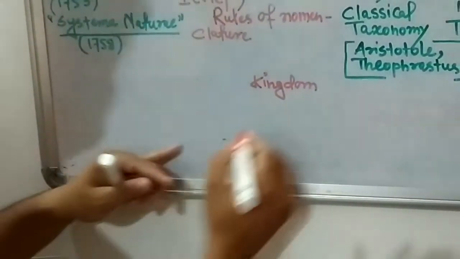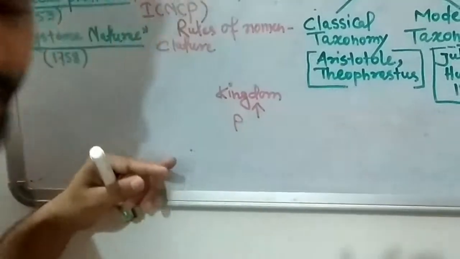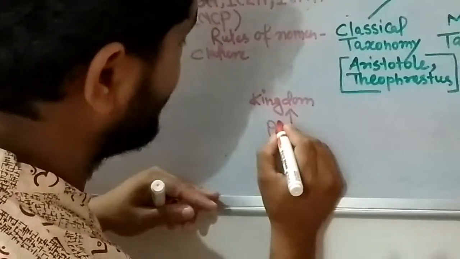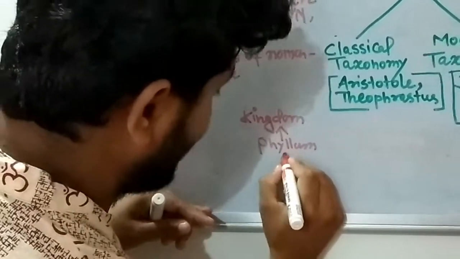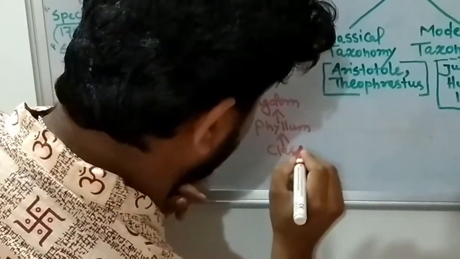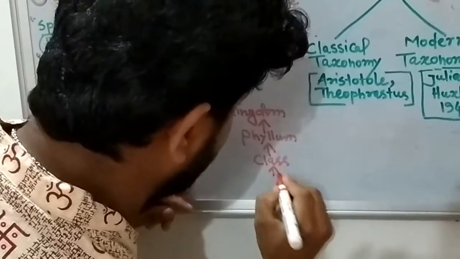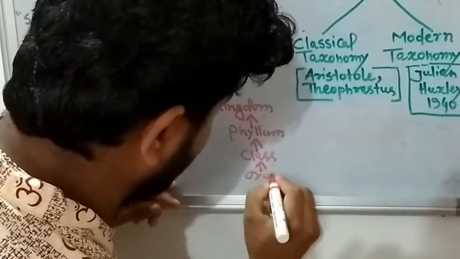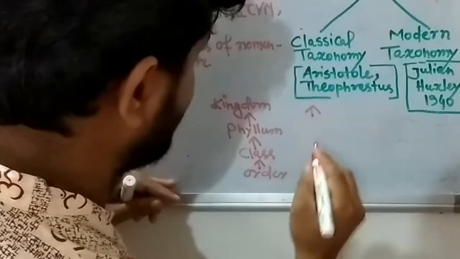Now under the kingdom, another category is called phylum. Under phylum there is class. Under class, sorry, the arrow should be upwards, there is order. Under order there is family.